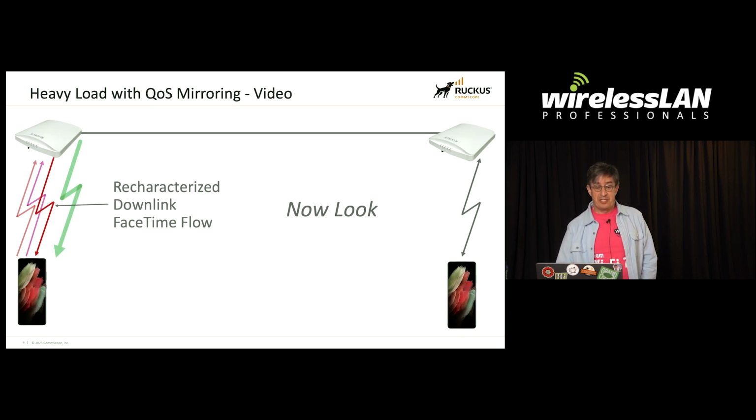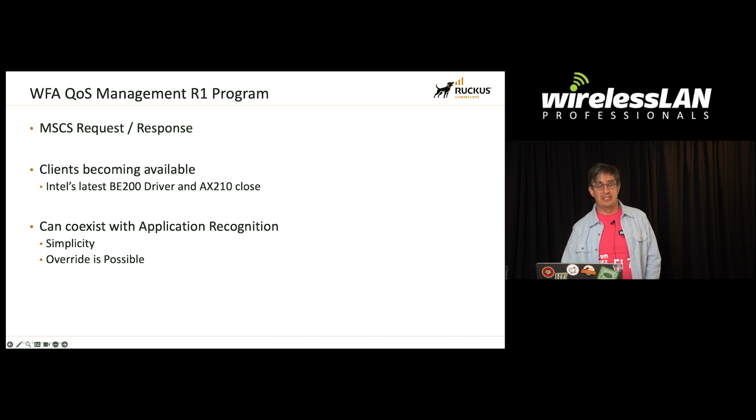You're obviously going to sacrifice a little bit of the performance of this heavy load best effort stream, but not a lot. So let's look at how to actually make this work, right? One way to make it work is the Wi-Fi Alliance has a QoS Management R1 program.